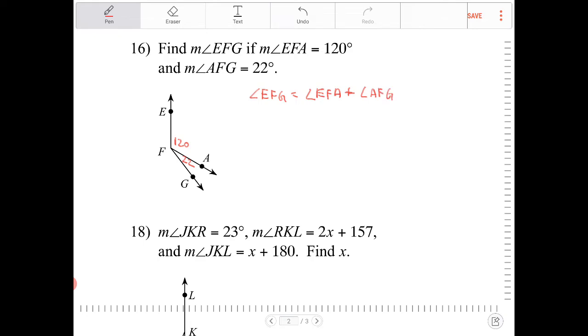So this is the angle addition postulate, and I told you before, when we were working with the problems earlier in this assignment, it's always good to write this out. It seems like overkill, especially for the beginning parts of these, but you're going to see in a moment that it definitely helps to write this out. So EFG is what we're looking for. I know EFA is 120, and AFG is equal to 22, so therefore angle EFG must equal 142.